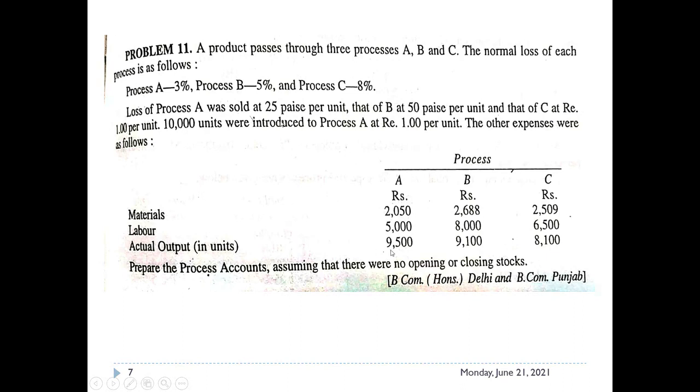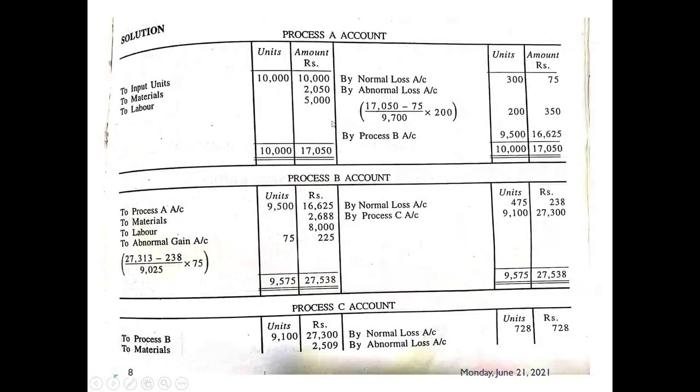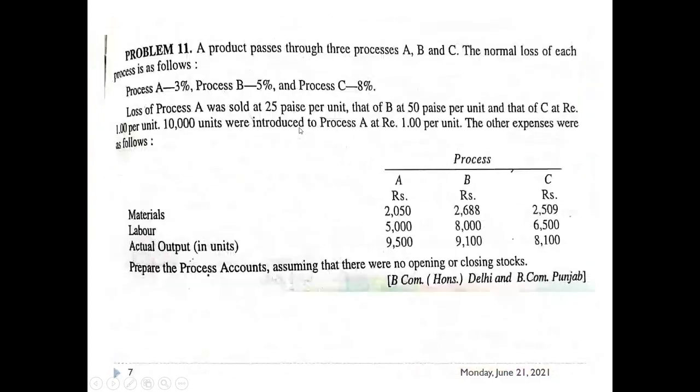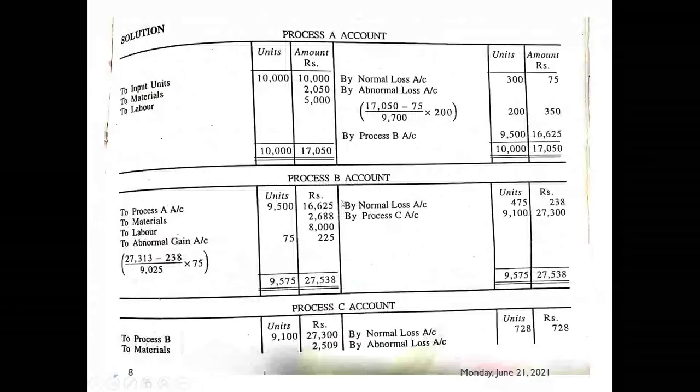Then output is given. So write by Process B. So output is given, 9,500. So let's try. So in the Process A account, on the debit side, units introduced or input units 10,000, then at the rate of 1 per unit, so at 1 per unit it will be 10,000.